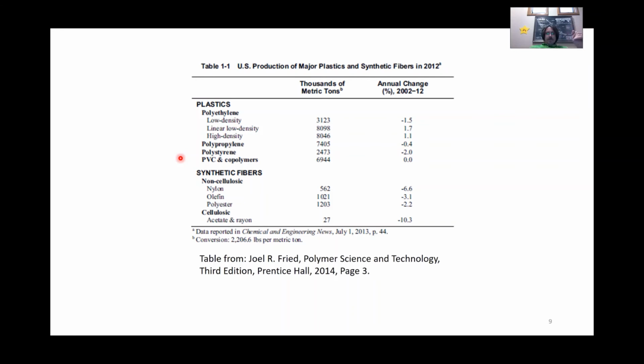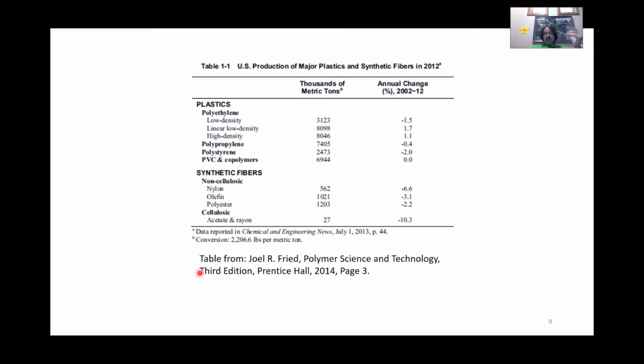The one thing I'm a little surprised is so low is polyester, because my shirt's made out of polyester, and those water bottles are polyester. Maybe this is telling me that high density polyethylene is pretty ubiquitous, even though polyester is too. But if you look at the numbers, thousands of metric tons, a lot of polymers are being produced by our country.